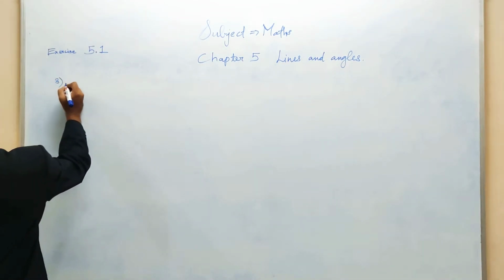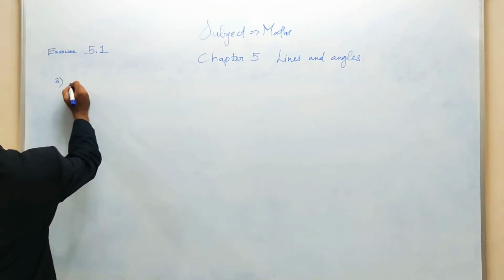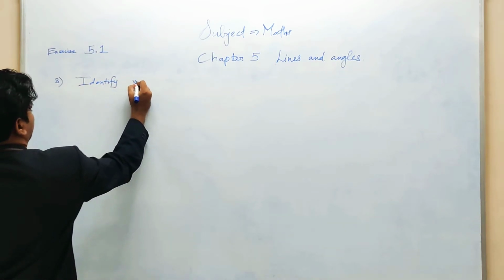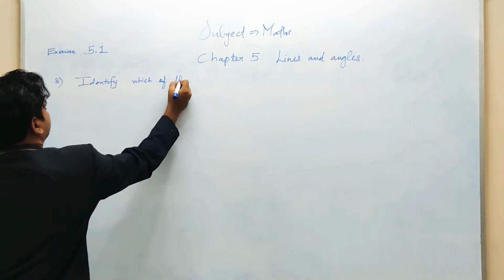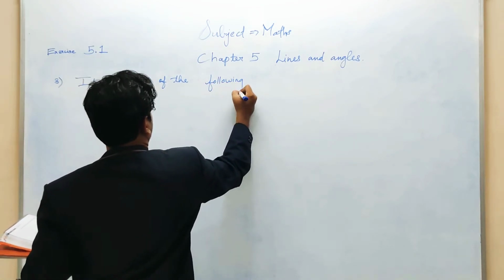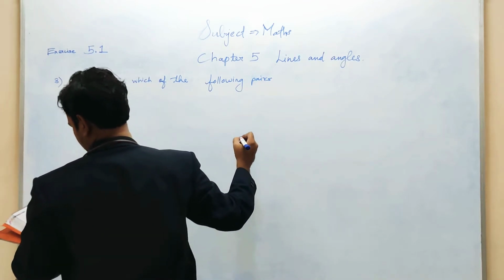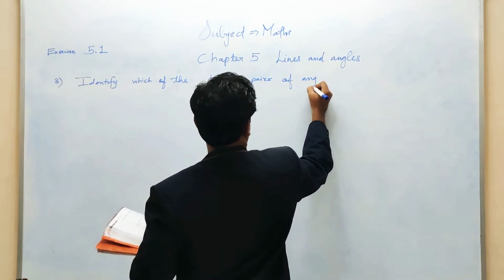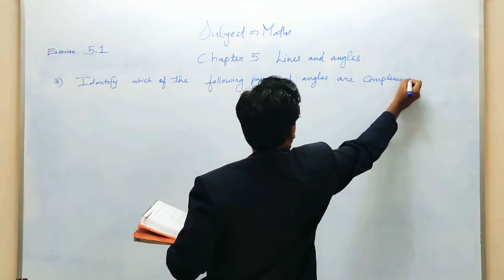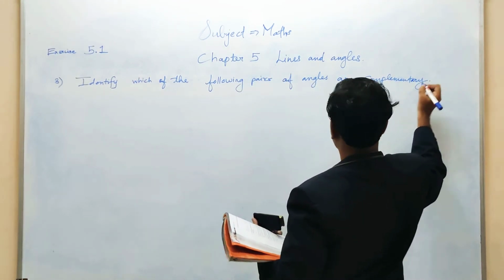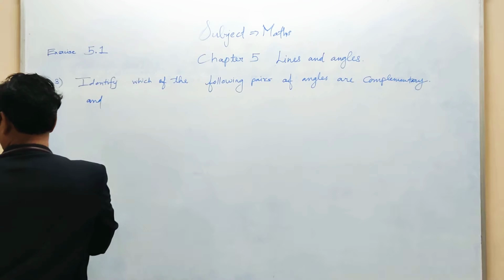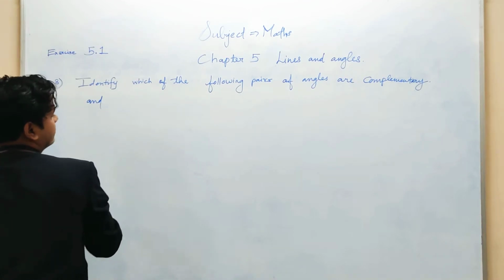Next is example number 3, that is, identify which of the following pairs of angles are complementary and which are supplementary.